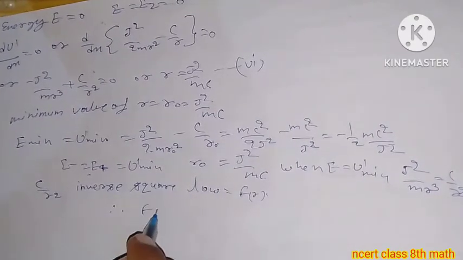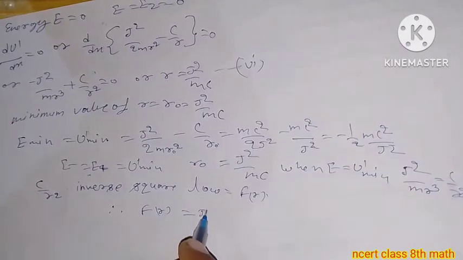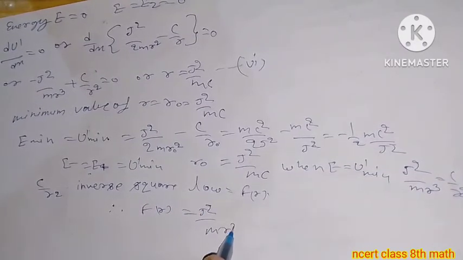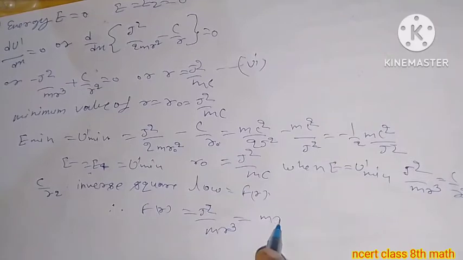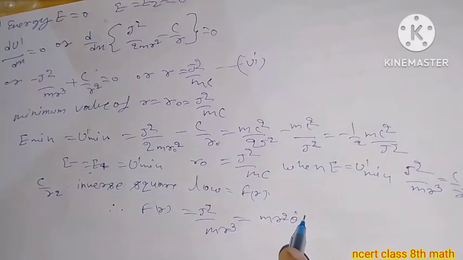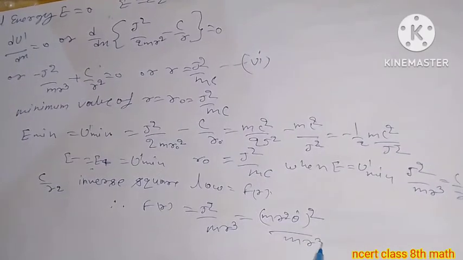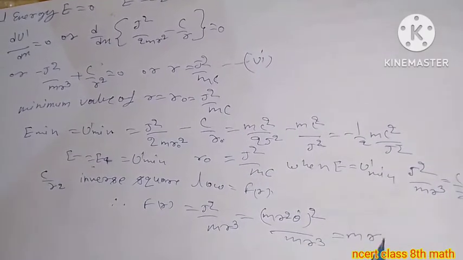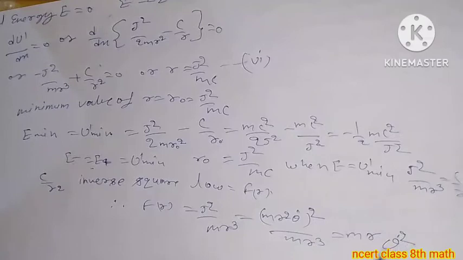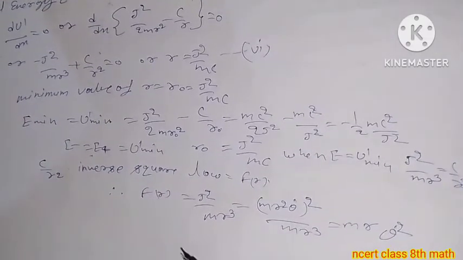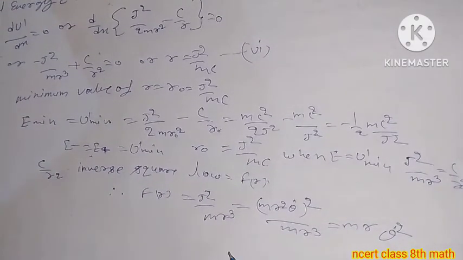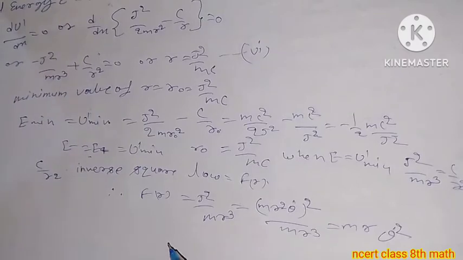So the value is Fr equals J square upon mr cube equals m r square theta dot square upon mr cube equals m r theta dot square. The force is just equal to the centrifugal force required for a circular motion.